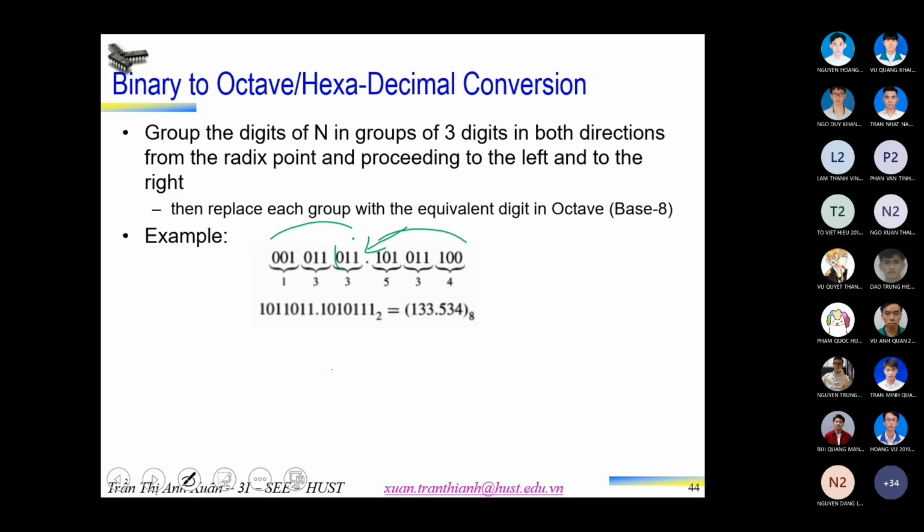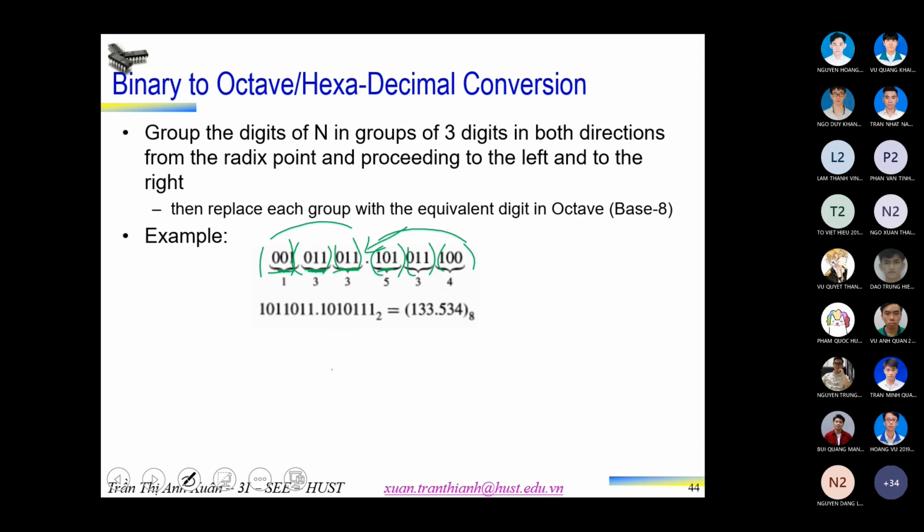Here you can group 3 digits, 3 digits, 3 digits, 3 digits, 3 digits and 3 digits. Each group of 3 binary digits we can replace by the equivalent digit in octal. So here is equal to 3, 3, and 1.